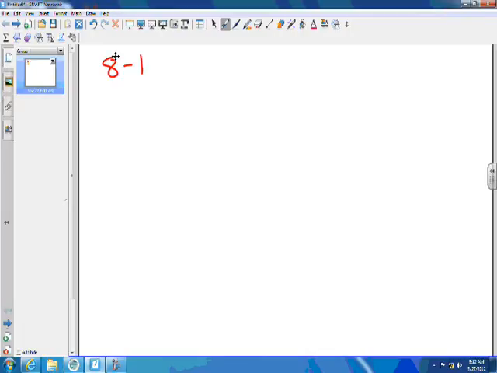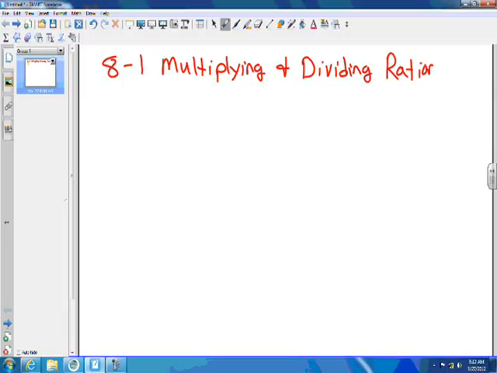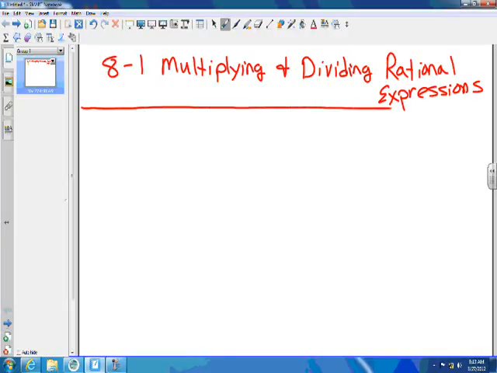So section 1, multiplying and dividing rational expressions. What does rational expressions basically mean?